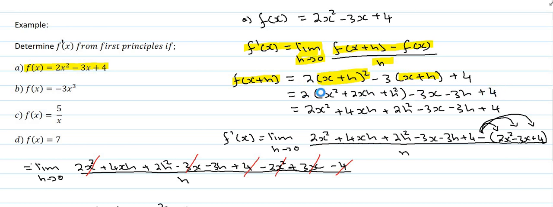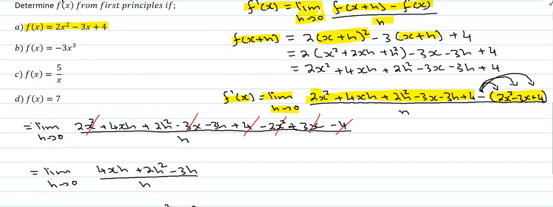Then you multiply each term by 2 on the first part, then you will get 2x squared plus 4xh plus 2h squared minus 3x minus 3h plus 4. Therefore, you write f prime of x will be the limit as h approaches 0. You substitute your f of x plus h, which you have simplified. Then after minus f of x, you put it inside the brackets because the negative will affect each term. Then you divide all by h.